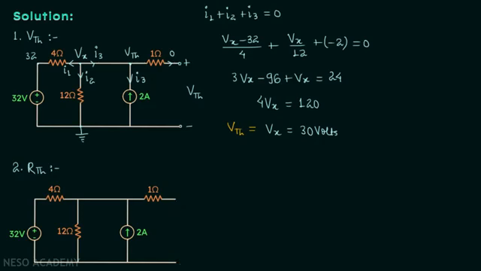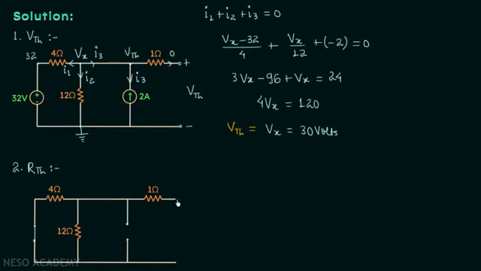And the modification number 2 is turning off all the independent sources. This is our first independent source. We will turn it off by replacing it with a short circuit like this. And this is our second independent source, and we will turn it off by replacing it with an open circuit.